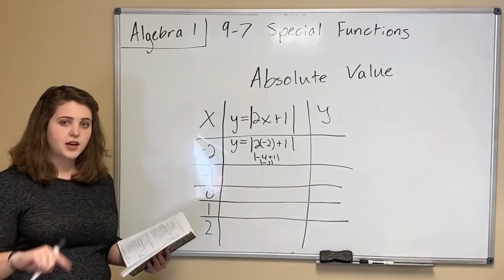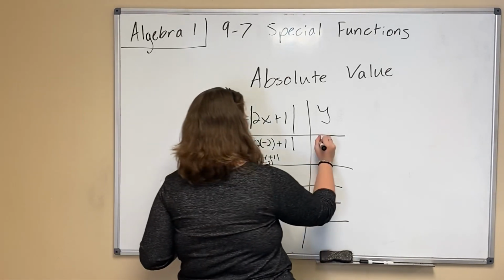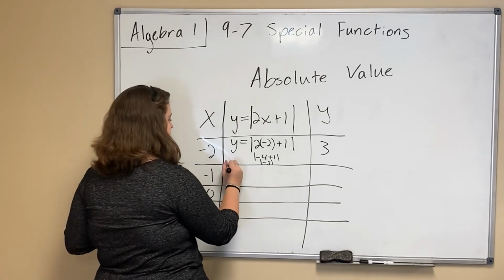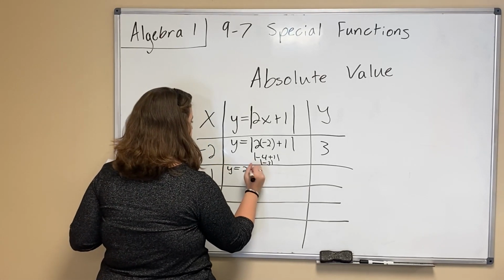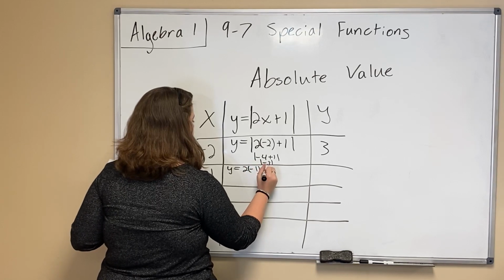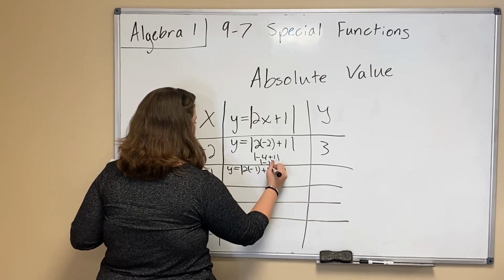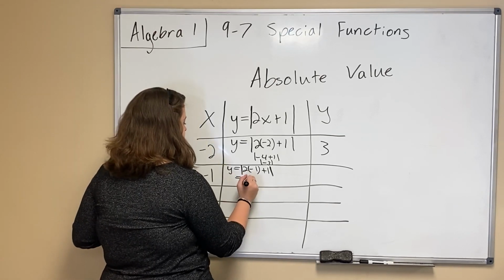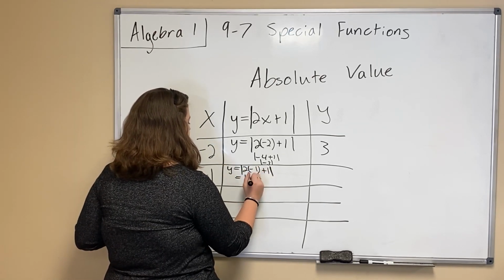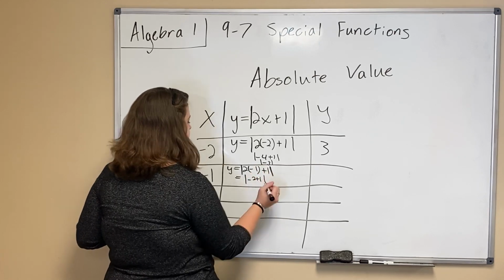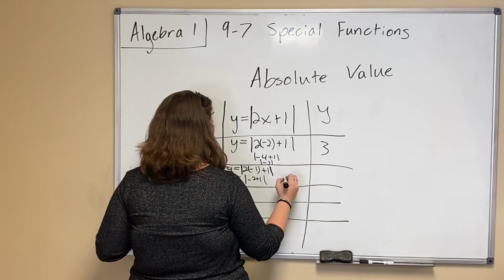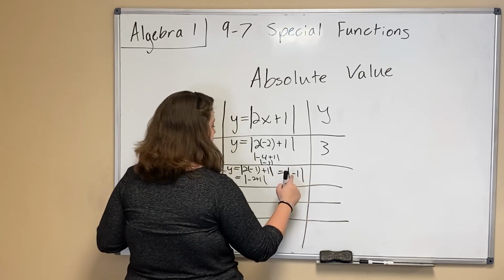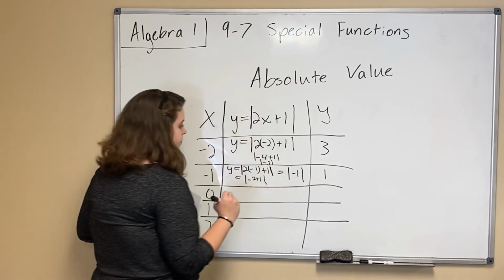So the absolute value of -3 is just 3. If I plug in -1, I'm going to get y equals the absolute value of 2 times -1 plus 1. So I'm going to get y equals the absolute value of -2 plus 1, which is going to be the absolute value of -1, which is just 1.